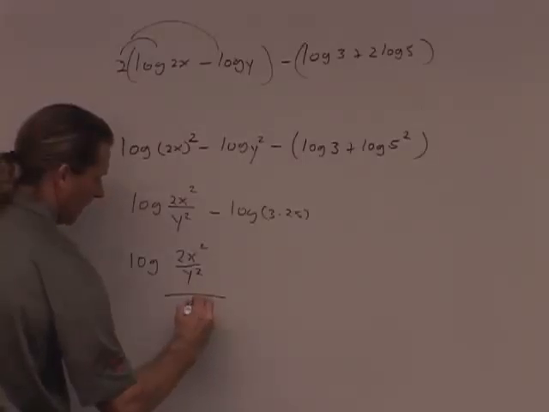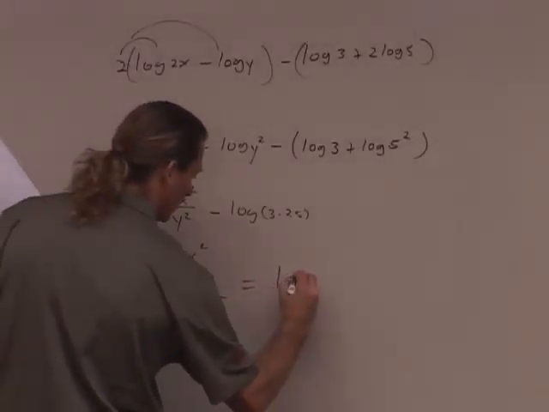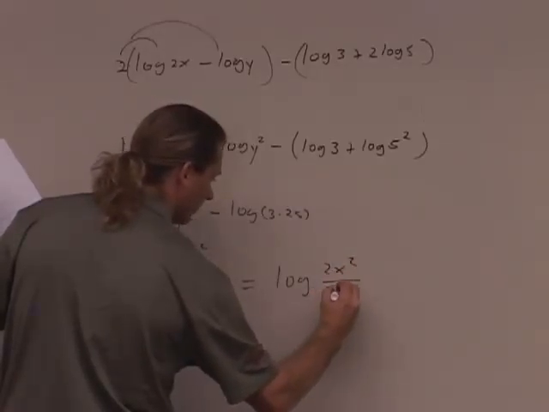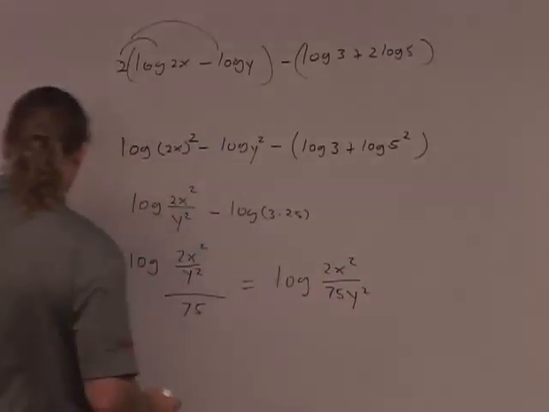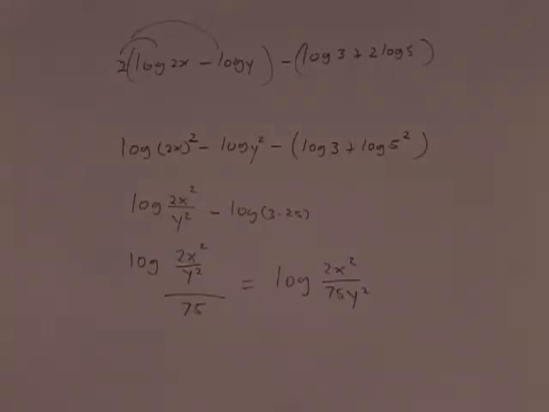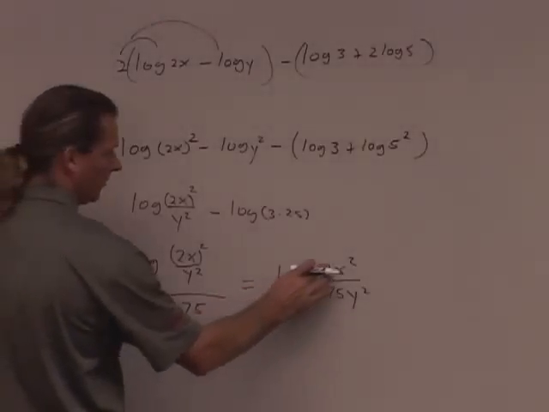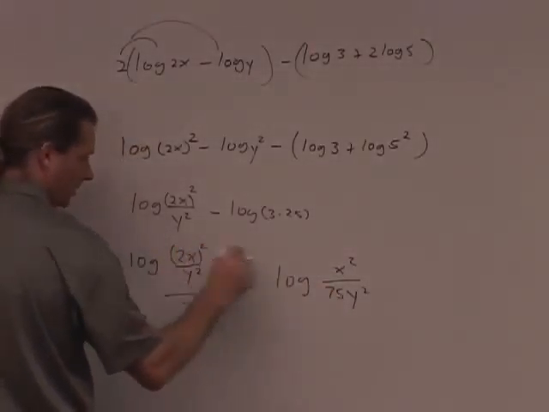Divided by 75, which is the same thing as log 2x squared over 75y squared. Except that these are both squared here, so that really should be a 4, because 2 squared is 4.